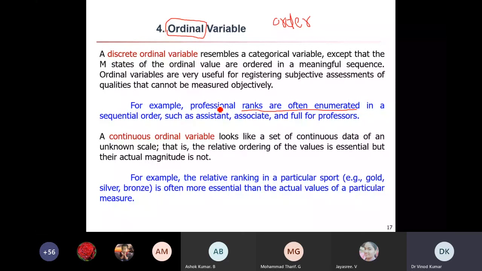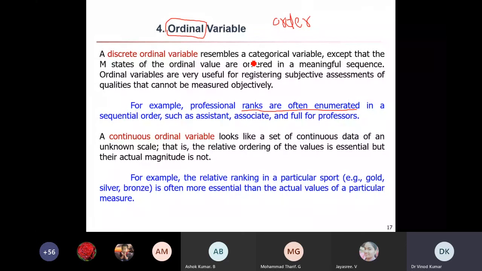Definitely there is an ordering. Professor will have more priority, assistant professor less priority, and in between the associate professor. If I say student performance in divisions, first, second, third, fourth, they follow a certain order. They are categorical also, but they follow a certain order.